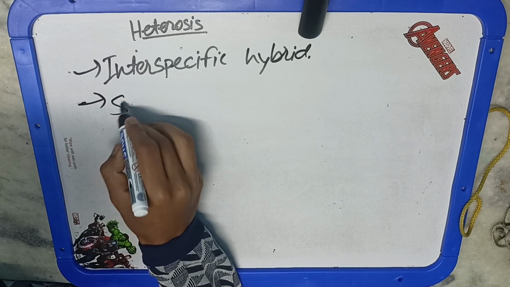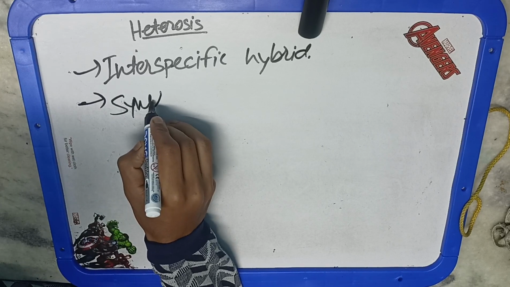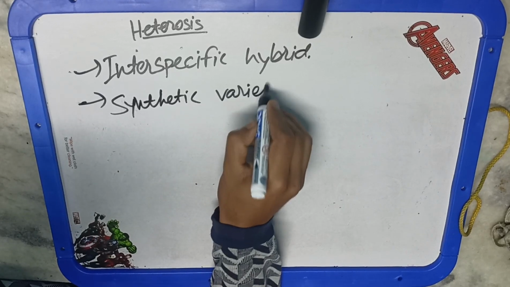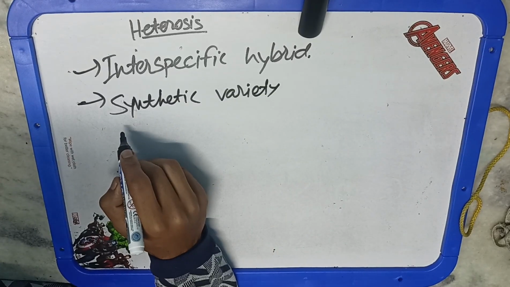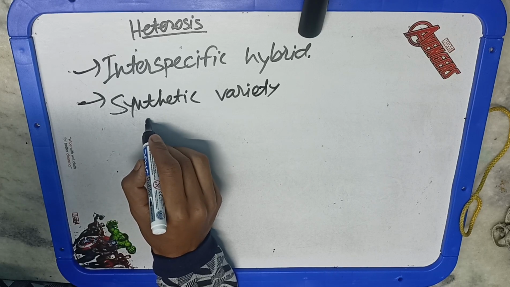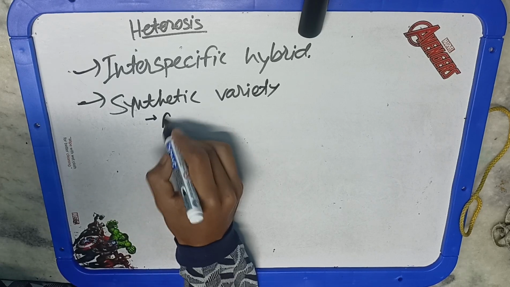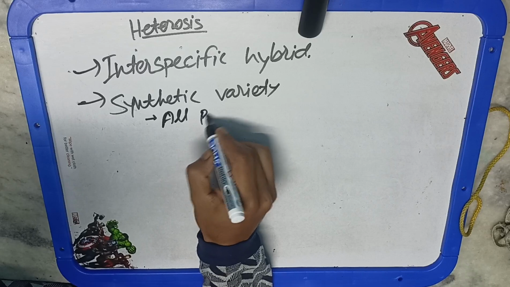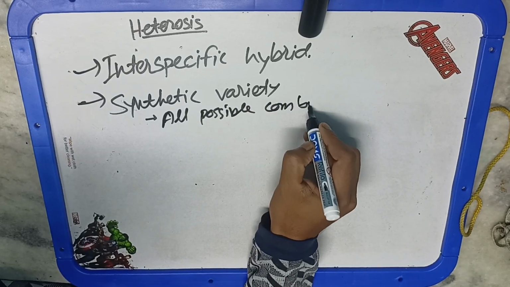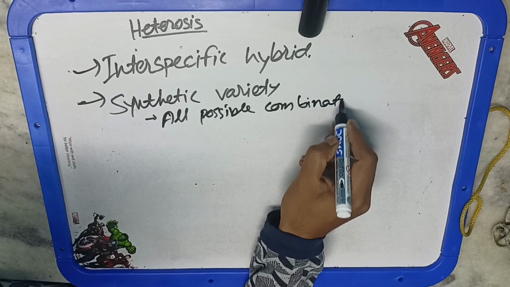Then the manifestation of the process can be a synthetic variety as well as a composite variety. A synthetic variety is generally produced by crossing some inbred lines in all possible combinations. This is the synthetic variety, and we have some limited inbred lines. This is the main feature of a synthetic variety.